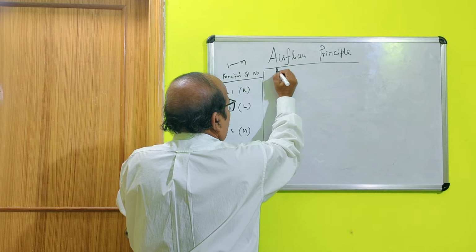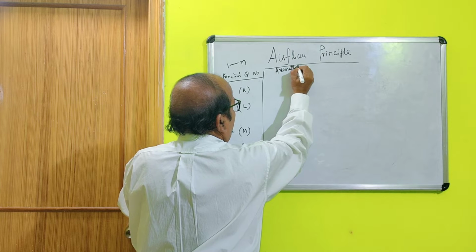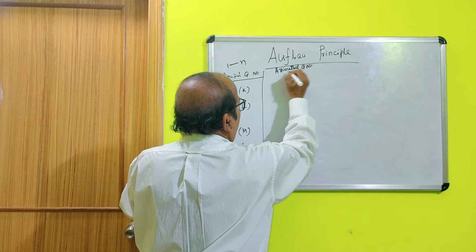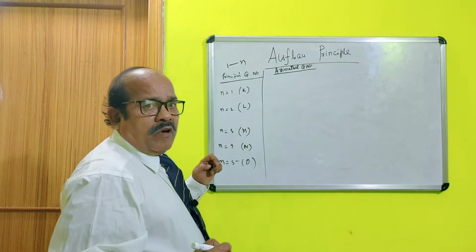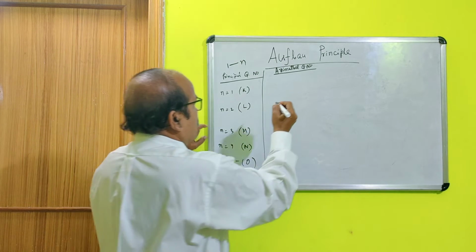Now, the azimuthal quantum number, or secondary quantum number, is also called the subsidiary quantum number. Symbolically, it is represented by l.